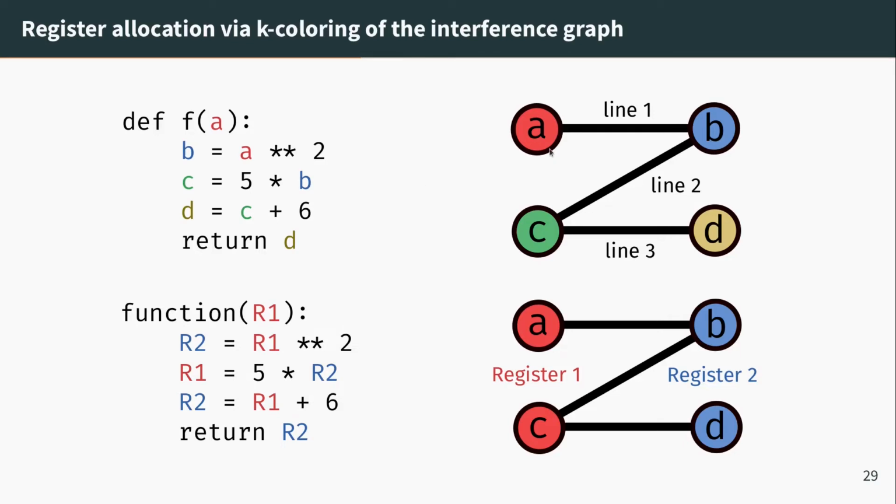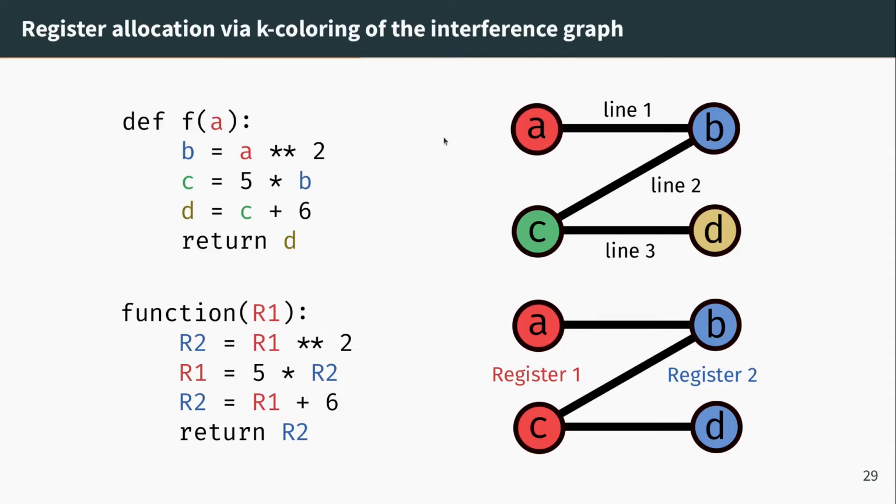So what they do is they create a graph where every node is a variable. And then basically the code looks at all the lines of the program and is going to create an edge between 2 different nodes whenever it understands that 2 different variables have to be alive at the same time.